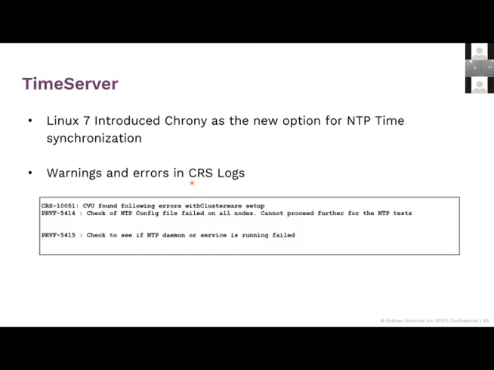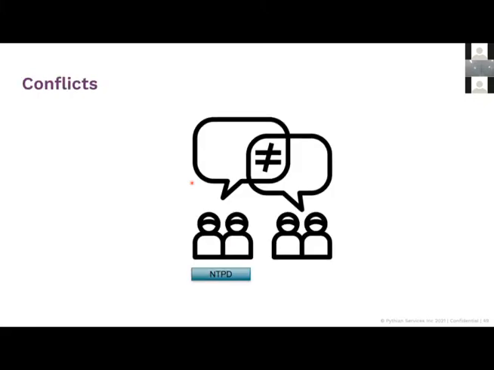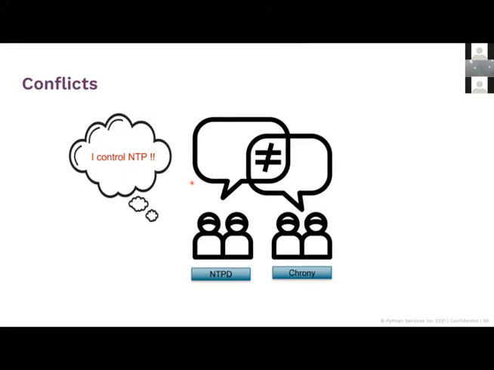If you notice errors like these, then there's probably a problem related to chronyd. NTPD, the old daemon, wants to control your NTP or time synchronization, whereas Linux 7 says that chronyd is the new way to control your NTP, and therefore there's a conflict which leads to a lot of errors.